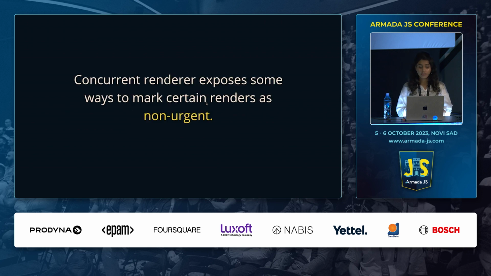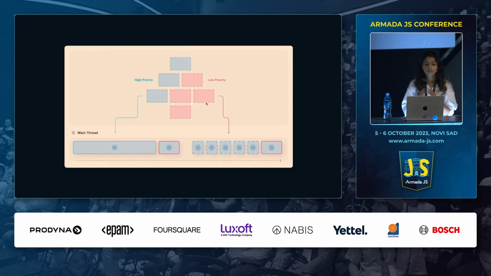So concurrent rendering says that it will expose some methods in which you can tell which state update is an important update and which one is a non-urgent update so that it can take less priority. So what happens is that the high priority updates get instantly committed to the main thread and shown to the user, all the changes.